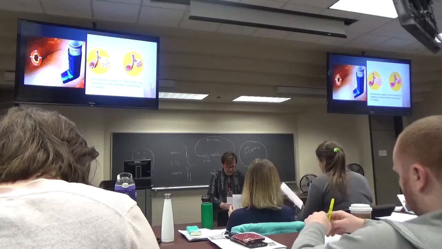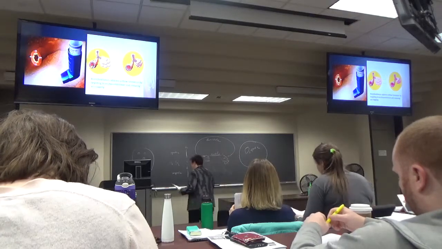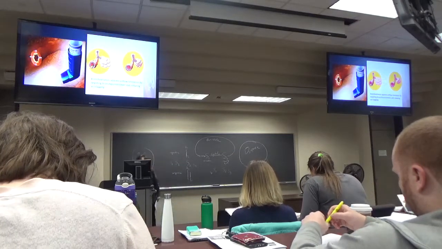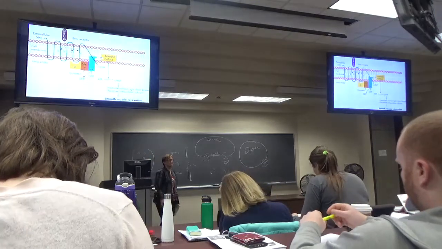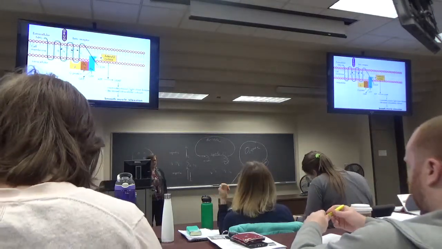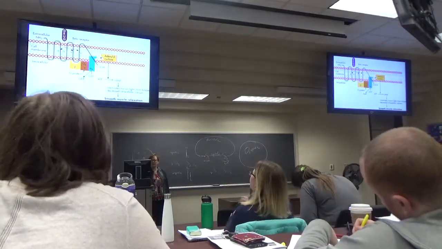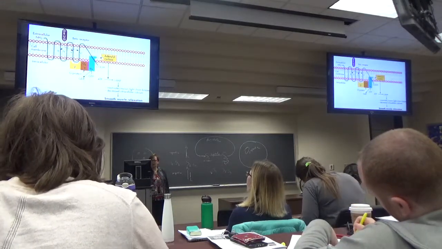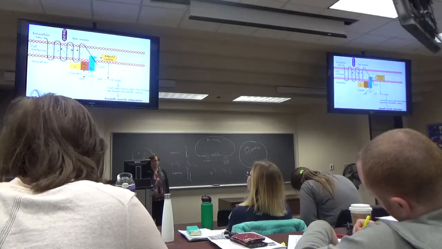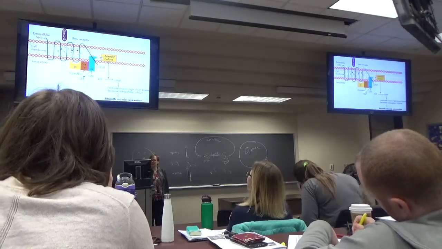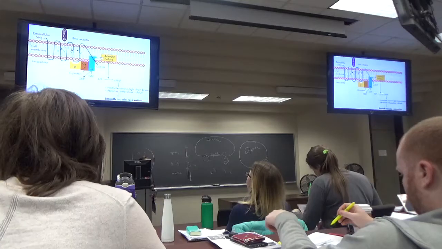Okay. All right, so let's look at page 4. So remember those big receptors we talked about that went across the whole cell membrane? Well, here's one of them, linked to these beta and gamma and alpha subsets.